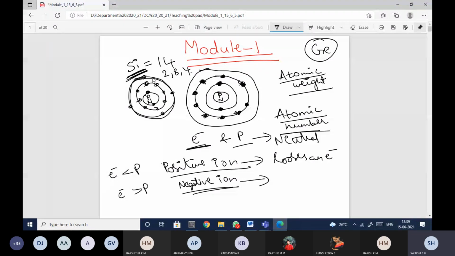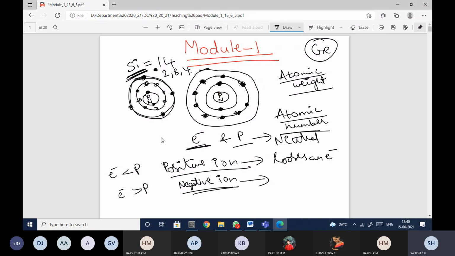So what happens when this atom gains some energy? The electrons which are present may leave the orbit and become free. All these free electrons will be in a position to conduct with other atoms.